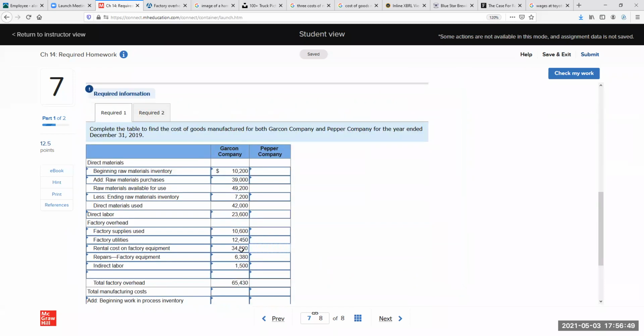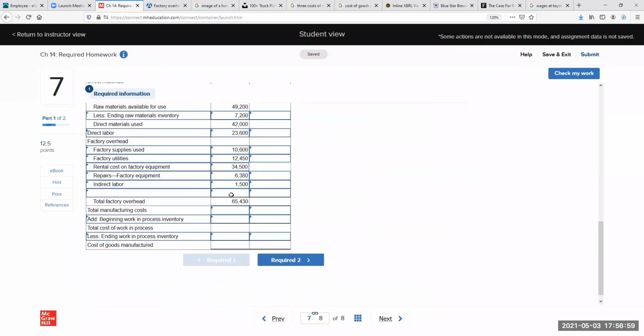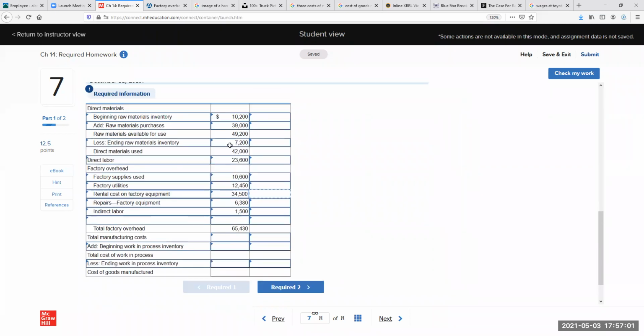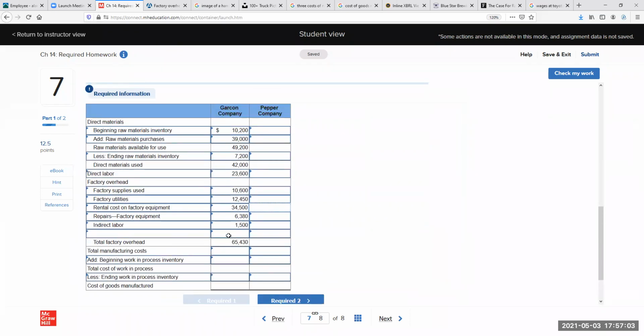Now, did I miss one? How about utilities? I've got utilities? Yeah, I've got them. There it is. So you add all that up. So we're going to take 23,600 plus this. You're going to have to add all these up for total manufacturing.